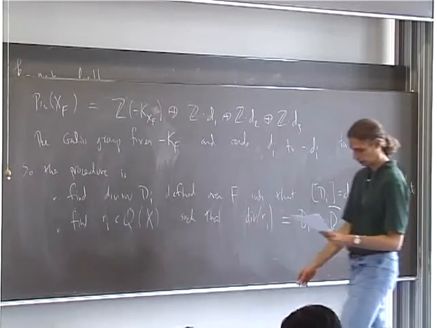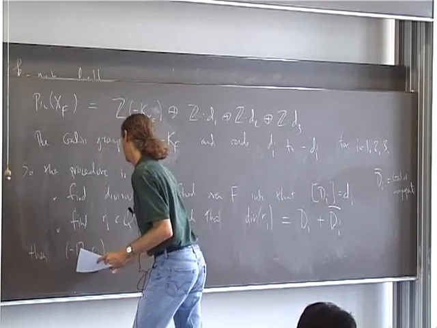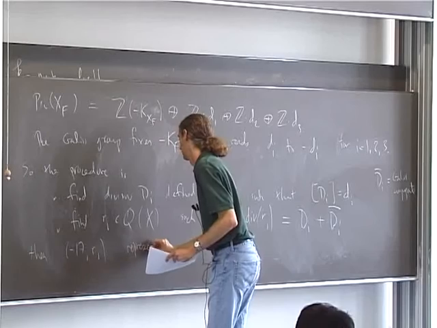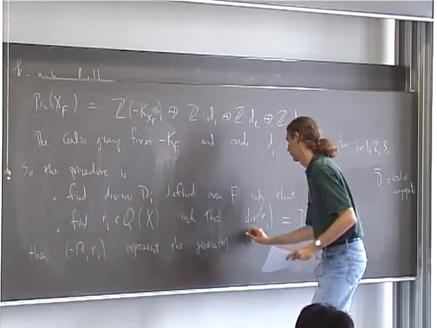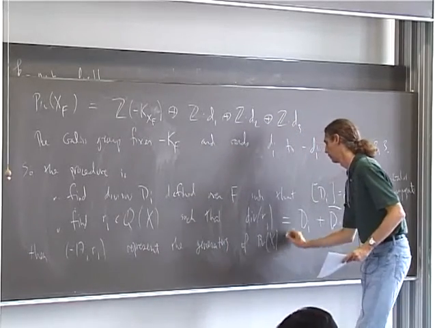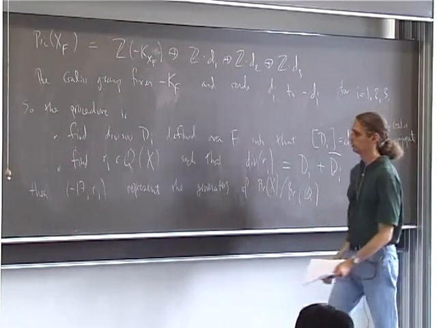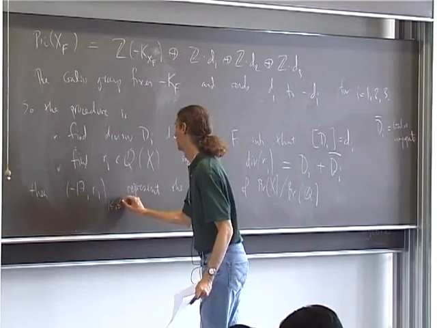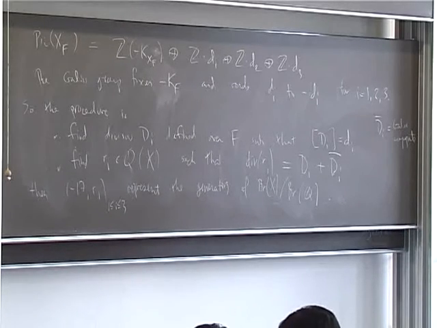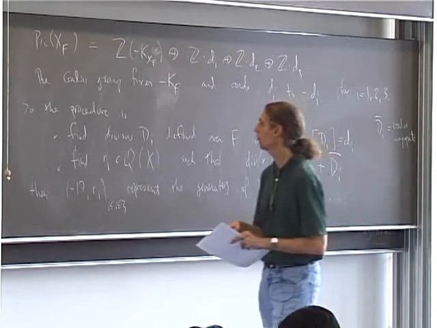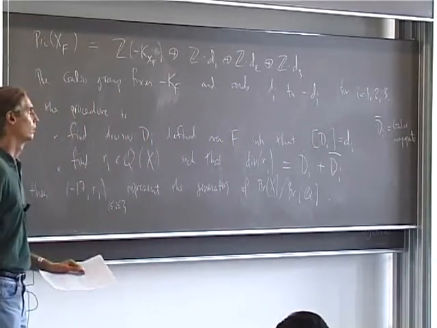And so then minus 17, R_i represent, so i equals 1.